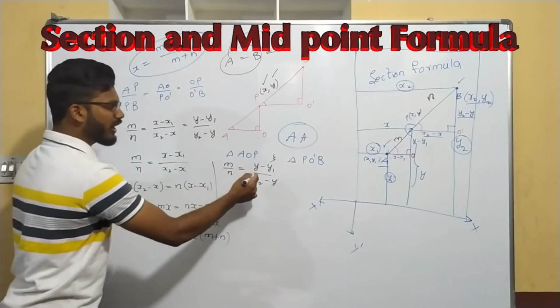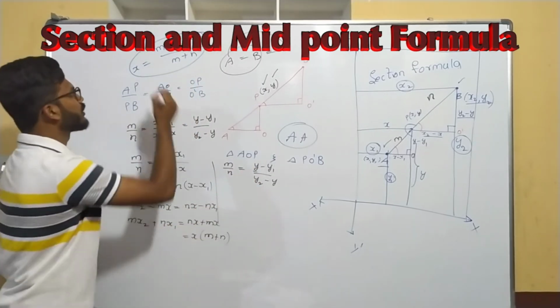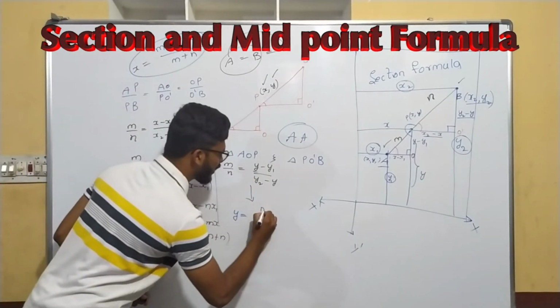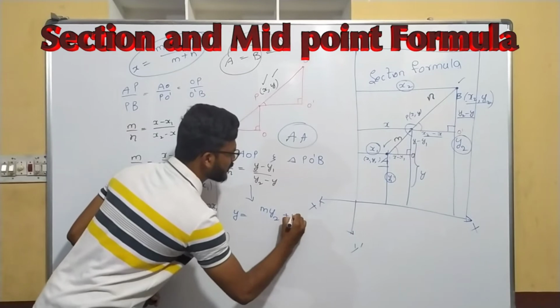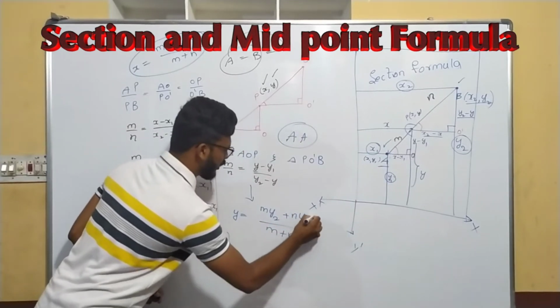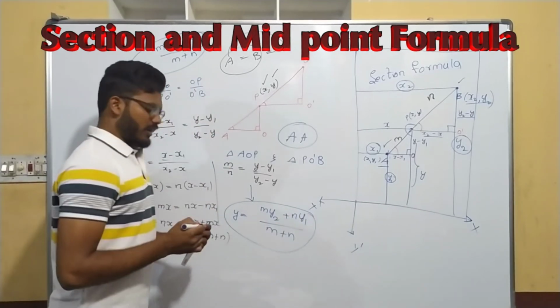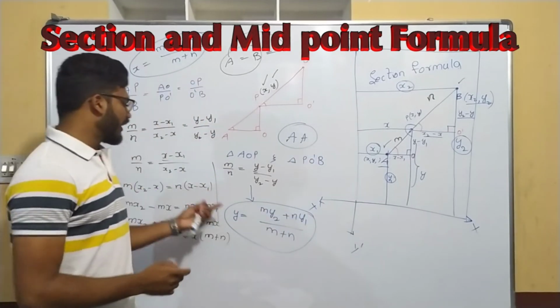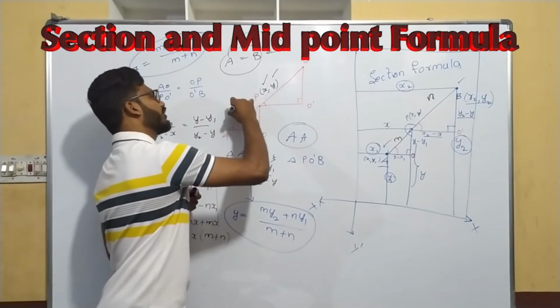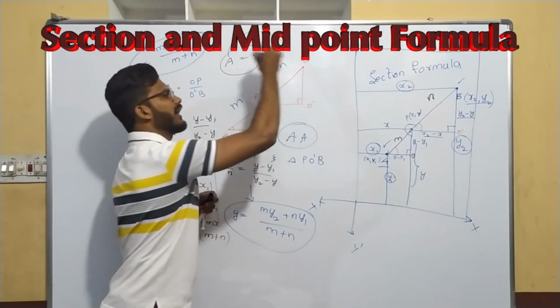In the same way here, instead of x, we have y, right? So if you solve this, you will get y equal to again my2 plus ny1 by m plus n, where P divides AB in the ratio m is to n. The ratio is m is to n.